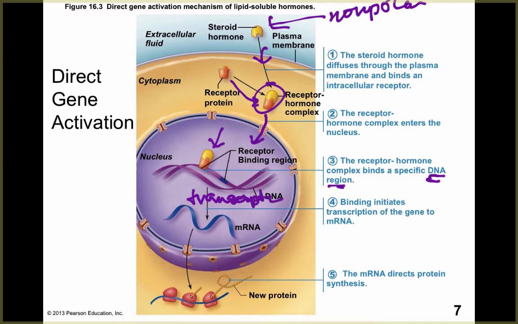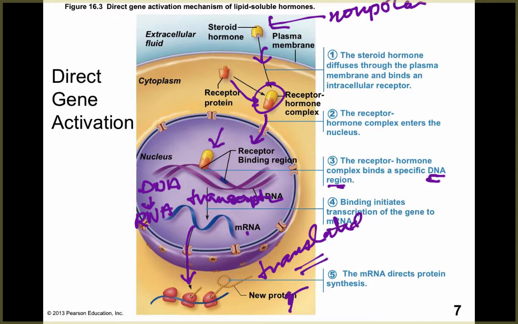If you remember, that's DNA going to RNA, right? And then once messenger RNA gets made and it becomes basically mature and it's ready to leave, it's going to go out of the nucleus and then be translated into a protein. So that's what's causing the change here.